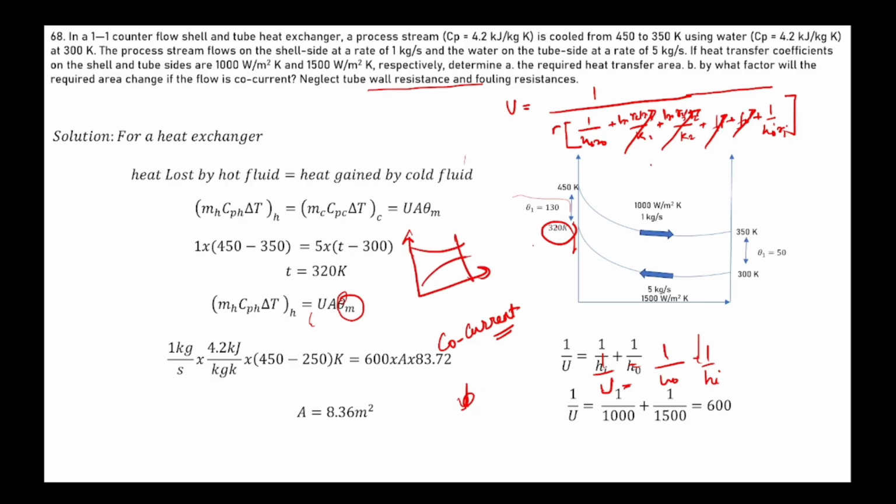These temperatures are 320 and 300. So this theta and this theta will change, everything else remains the same. Then you can say by how much there is a difference in the heat transfer area between co-current and counter-current. So it is straightforward.